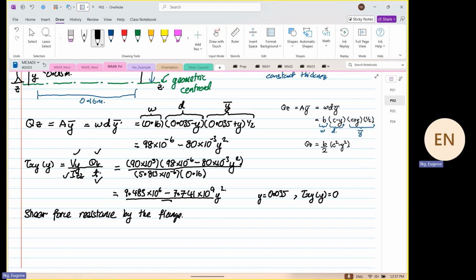So to do that, you cannot do what? Stress is equal to what? Force divided by what? Area. Yes or no? Why we cannot? Question for you guys. Why we cannot use shear stress is equal to force divided by area?